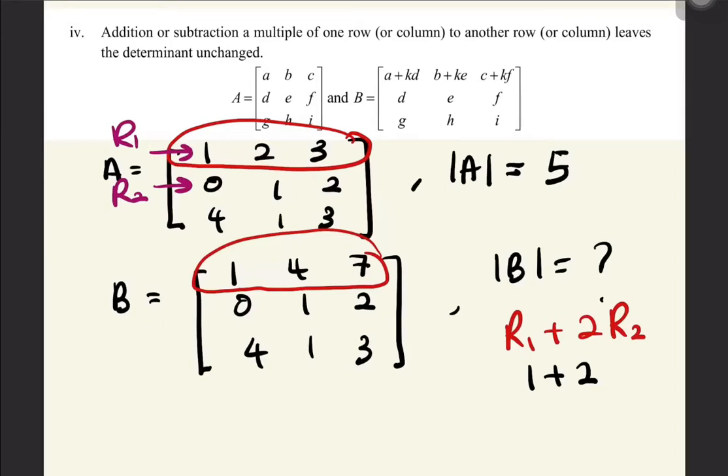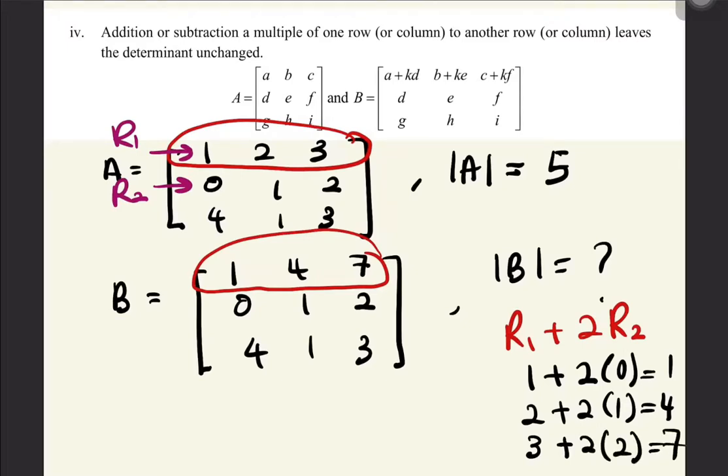Okay, an operation involving these two rows will result in a new row for matrix B. Okay, so 1 plus 2 multiplied by 0 is equal to 1. The next one, 2 plus 2 multiplied by 1 is equal to 4. And the last one, 3 plus 2 multiplied by 2 is equal to 7. So that's how 1, 4, 7 are obtained.